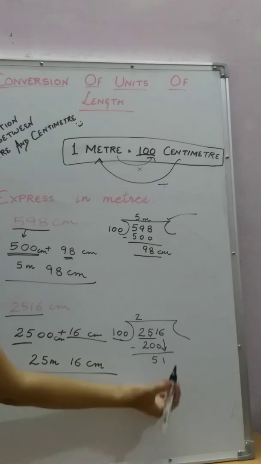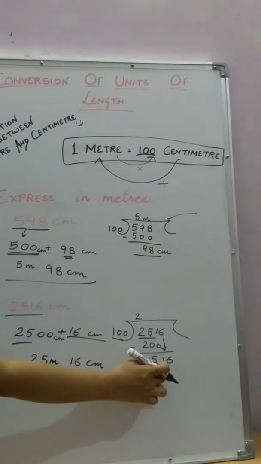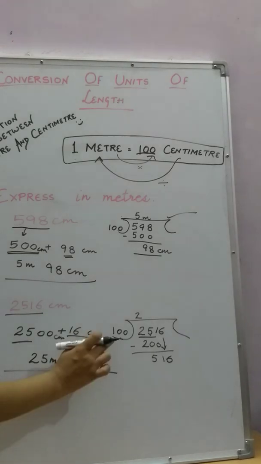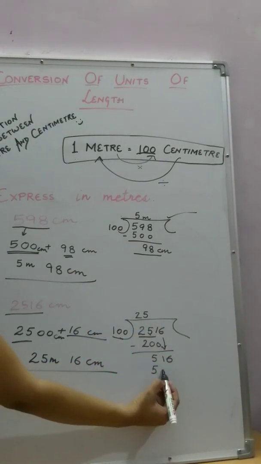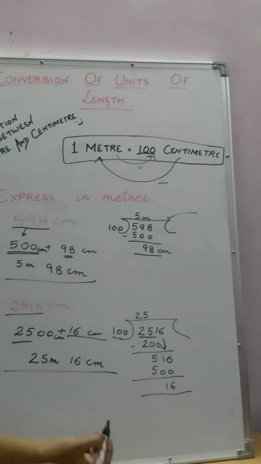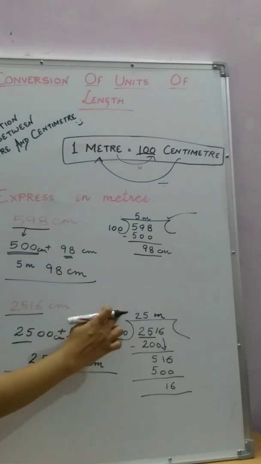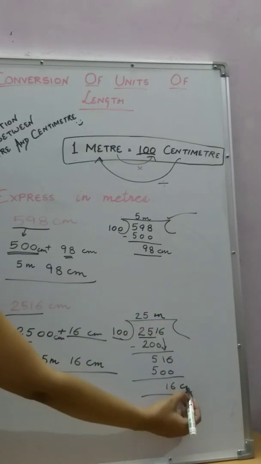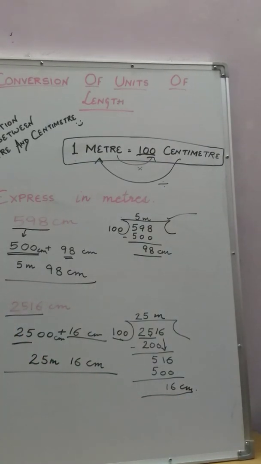Now bring this 6 down, you will get 516. So 100 fives are 500 and 16 is your remainder. So 25 meter and 16 centimeter is your answer. So this way we can solve all these problems.